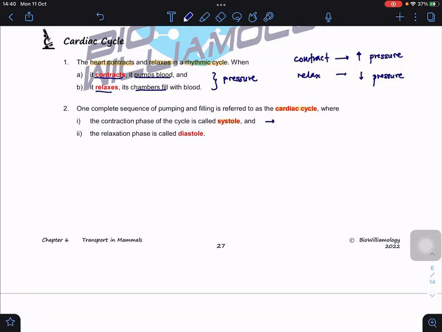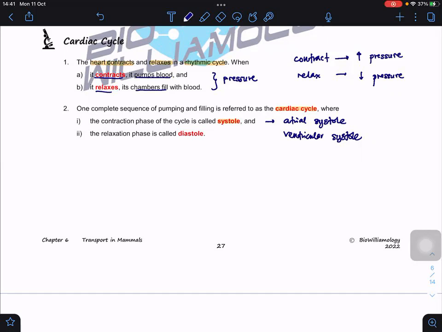First, the atrium contracts, so we call it atrial systole. Systole means contraction in this case. After the atrium contracts, it is followed by ventricular systole, which means the ventricle is the one that contracts.